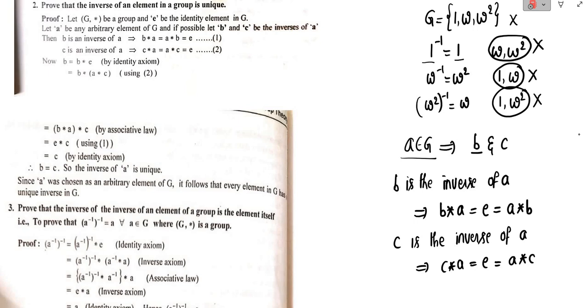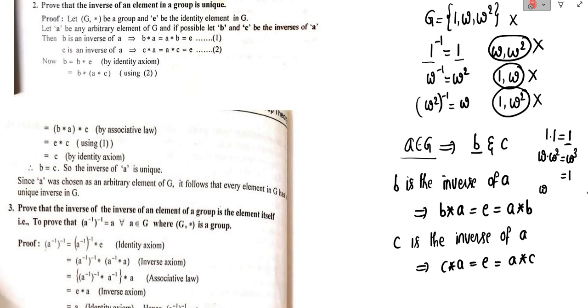Observe in this group, the inverse of 1 is 1. So the multiplication of these two is the identity element in that group. Omega and omega inverse, which is omega square, multiplying, we get omega cubed. The value of omega cubed is 1.